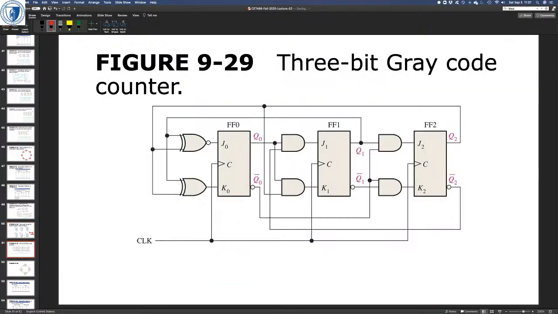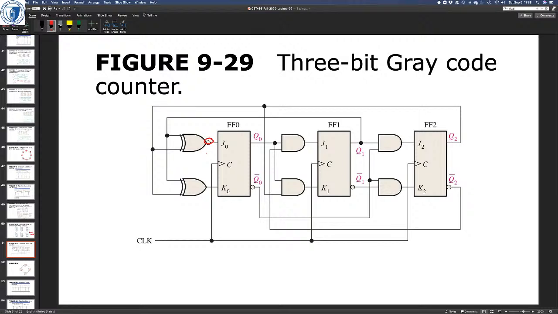Feeding into J0 and K0, there's Q1 and Q2, and in fact this is an exclusive NOR gate because it's got that bubble on the output, because it looks like one of these is the inverse of the other. Anyway, let's leave sequential design there.